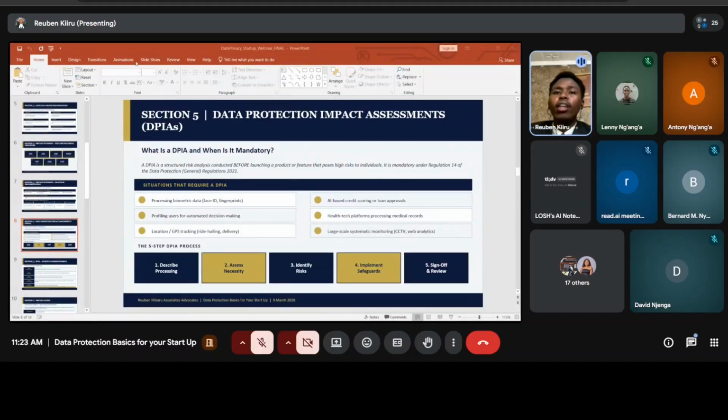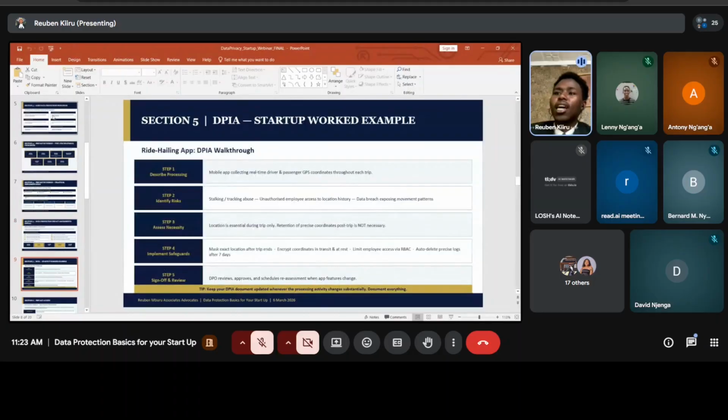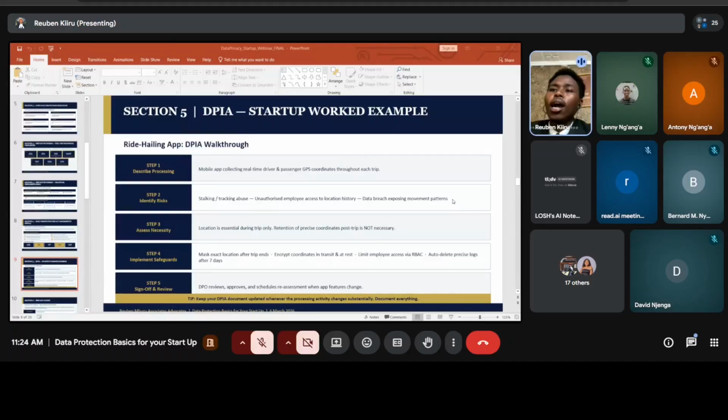Now, ideally, if you want to understand a data impact assessment, this is what you would do in a ride hailing app like Uber or Bolt. Just describe what data you're collecting. You're collecting GPS of two people, the driver and the passenger.